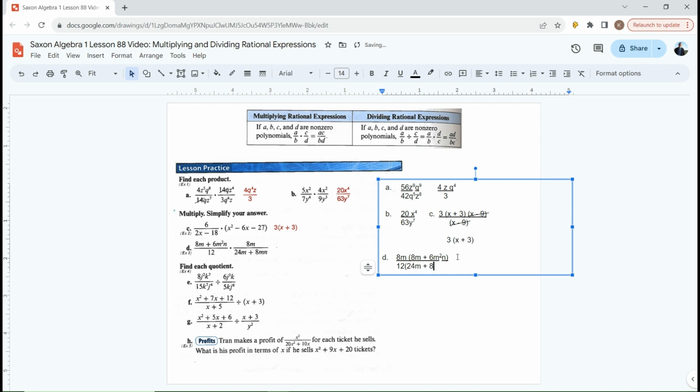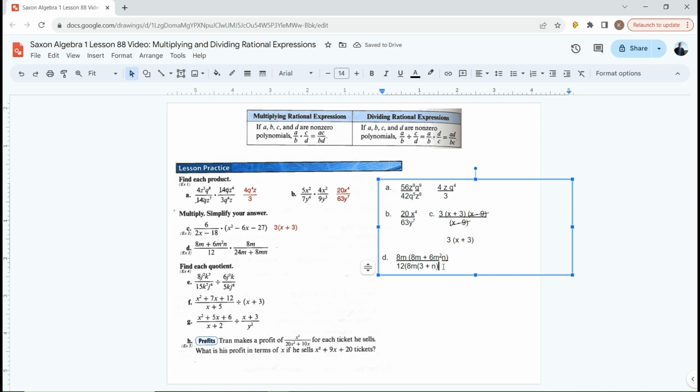24m plus 8mn. Well, one thing I'm going to notice here is that I can factor an 8m out of the denominator here. So if I pull out an 8m from this, this becomes 3, and this becomes just n.